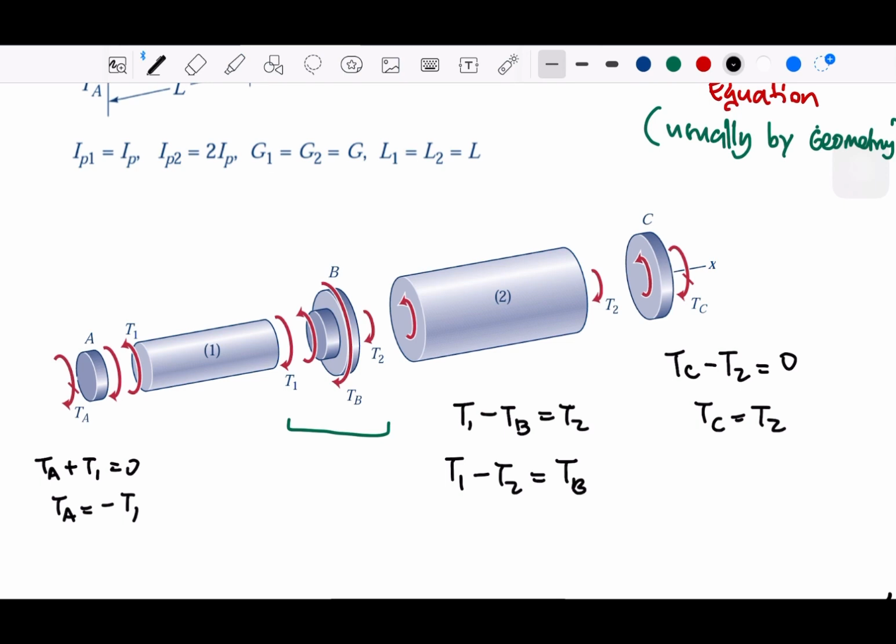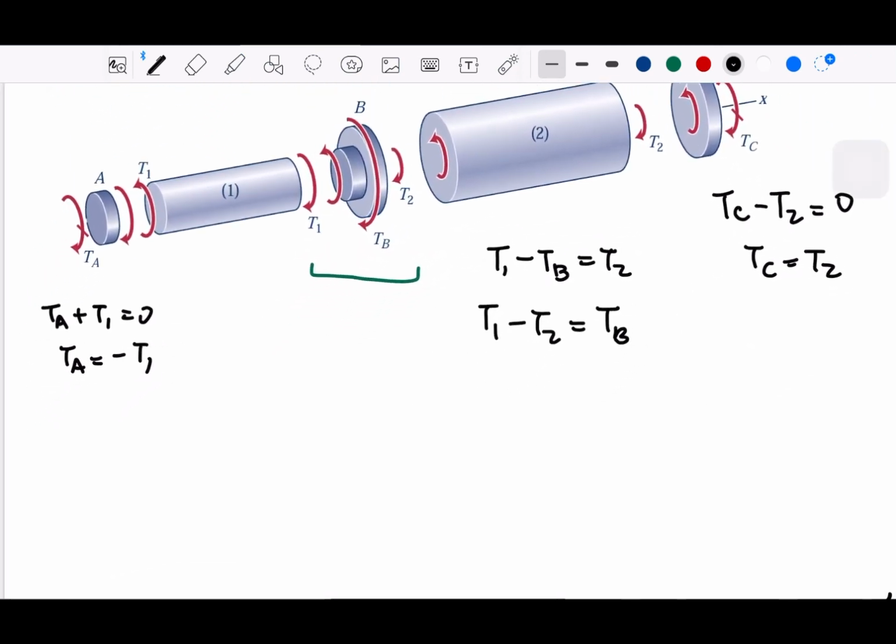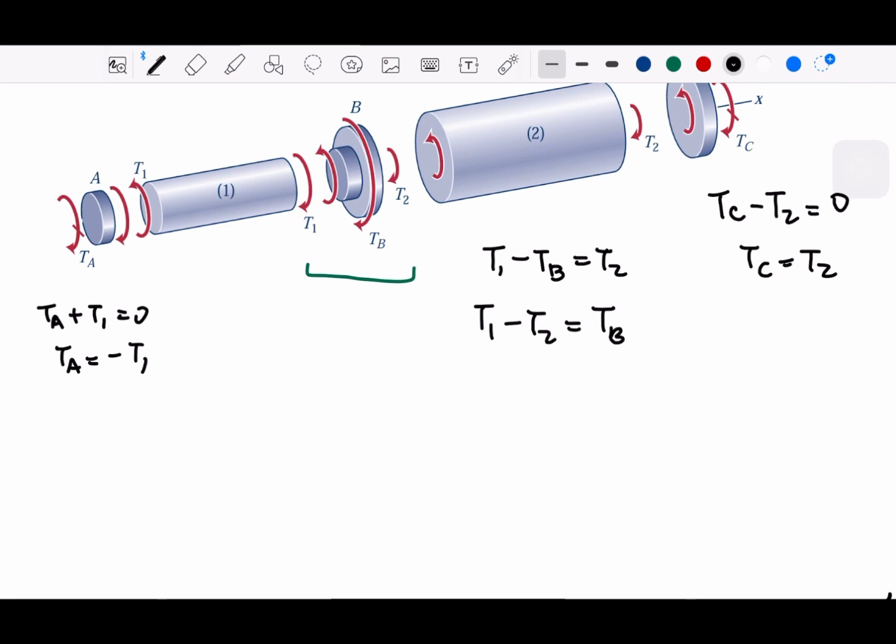Now from these three nodes, we get all these equations, and of course, we cannot solve these three unless we have one more relation that will connect all the elements. So we need an equation from the geometric. Remember that we have TL over GJ, right?